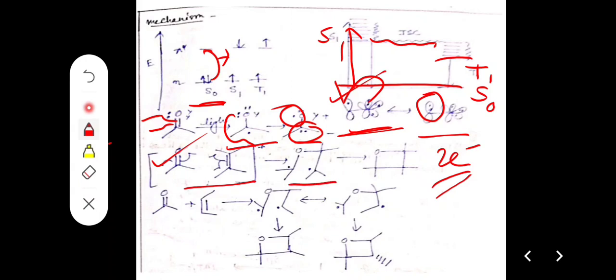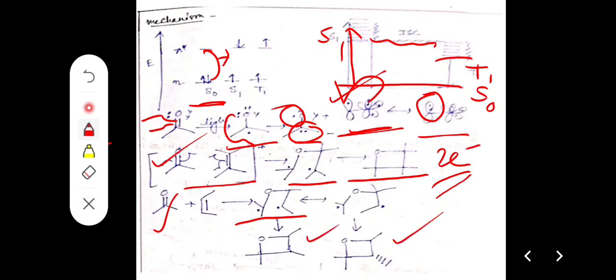This way two radicals are produced, and these two radicals combine with each other to produce the oxetane. Similarly, homolytic fission occurs, oxygen attaches to the less substituted side, and two radicals are produced and combine in two ways, so two products can be formed.